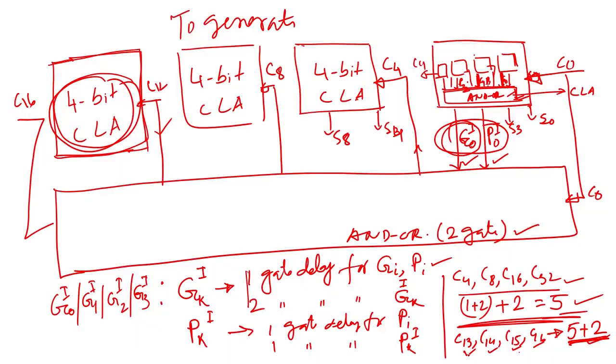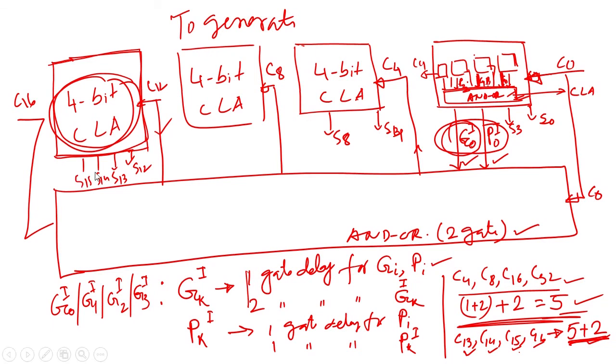Similarly, for the 4-bit CLA, after generating carry out, it will take 1 more gate delay for sum, that is 3 plus 1, that is 4. So, here it will be 2, 2 is already done and then 1 more. So, for the sum bit, we are talking about C16, the sum will be S12, S13, S14 and S15.